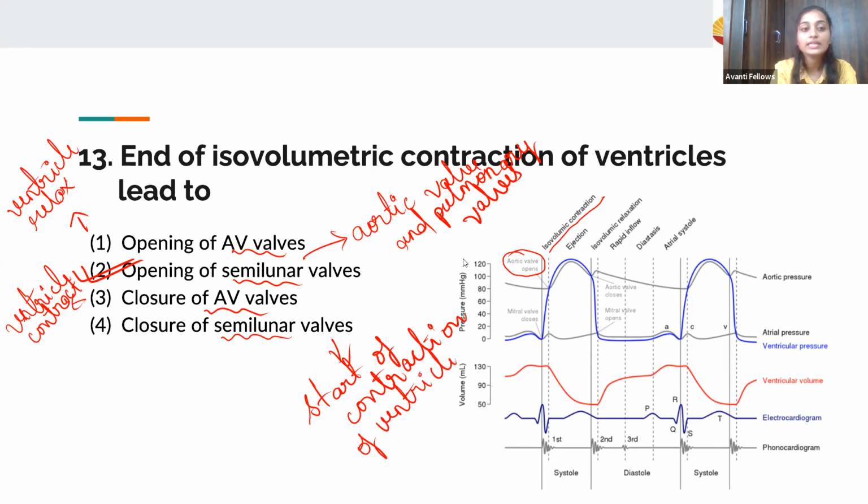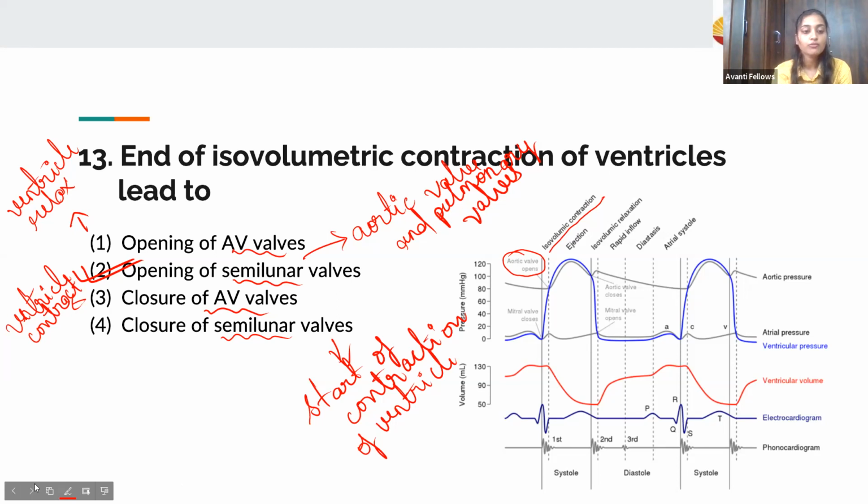So as soon as it ends, the semilunar valves open, and as soon as it starts, the semilunar valves close. So let's go to the next question.